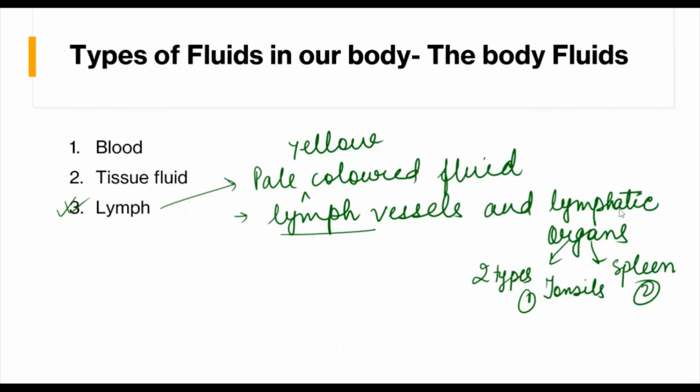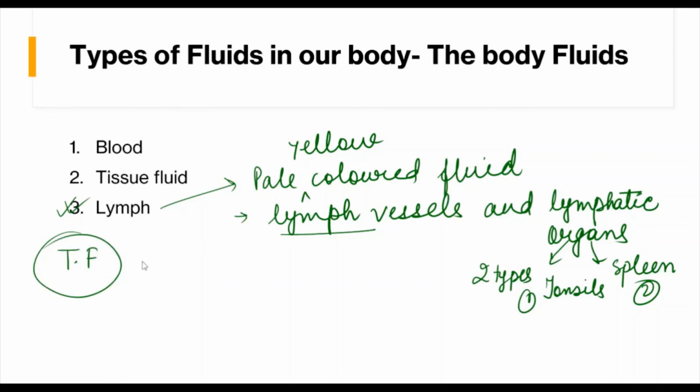Next, children, how is this lymph actually produced? Again, to understand this, we will have to go back to the tissue fluid. What was tissue fluid? It is the fluid that was present in the intercellular spaces of tissues or organs.